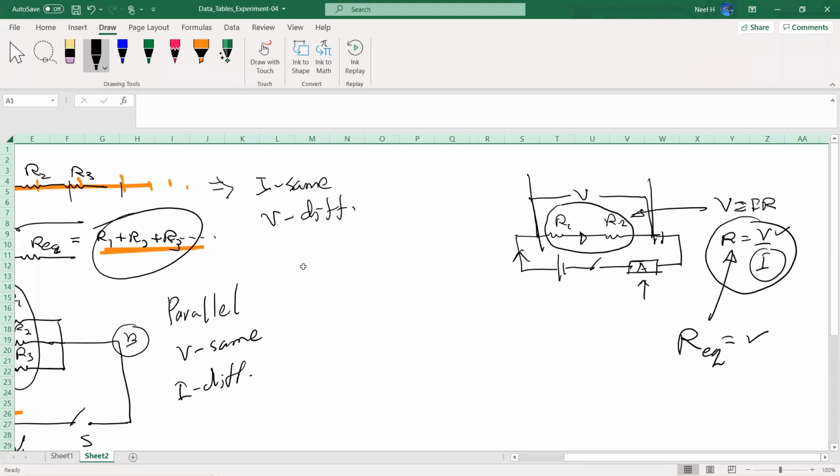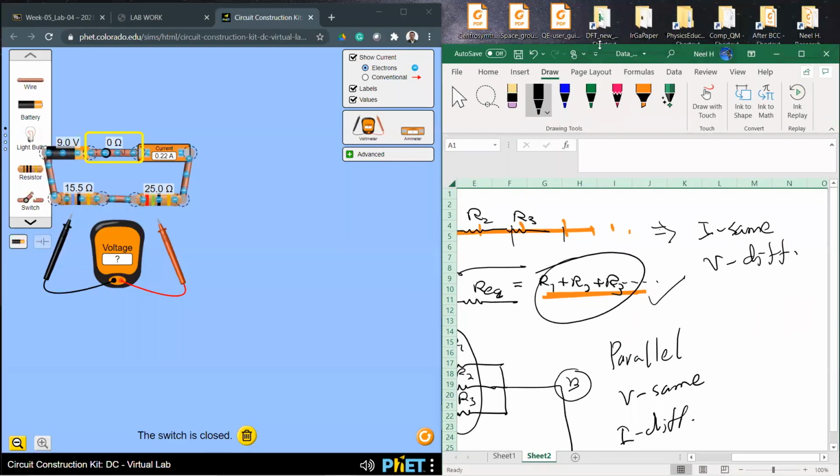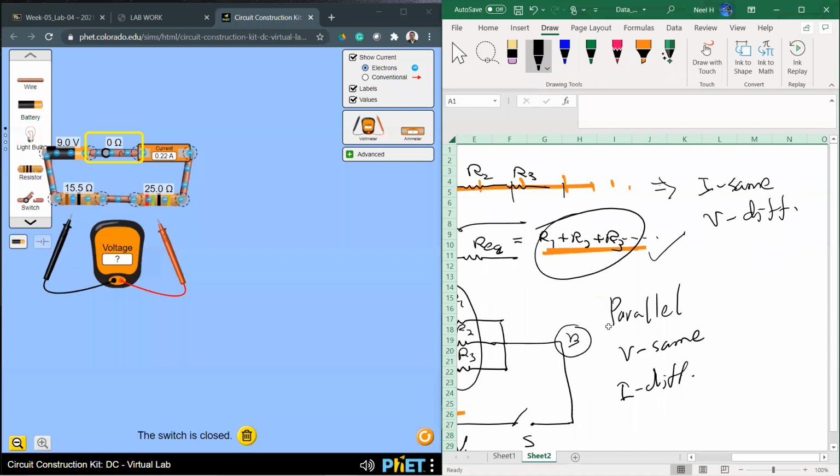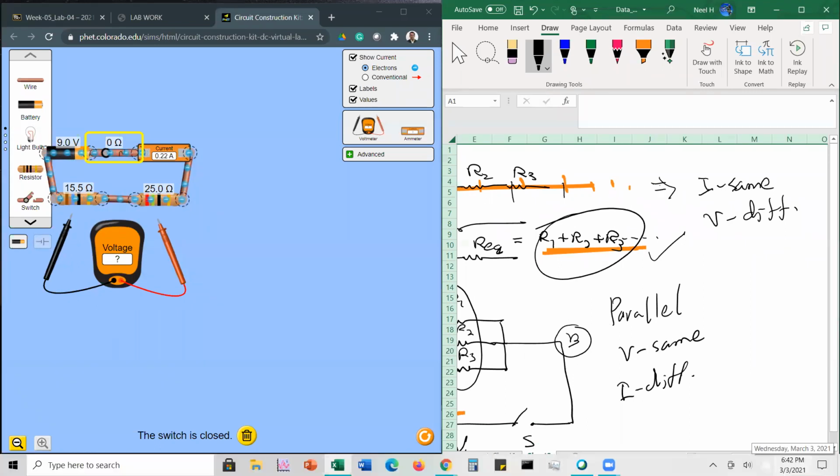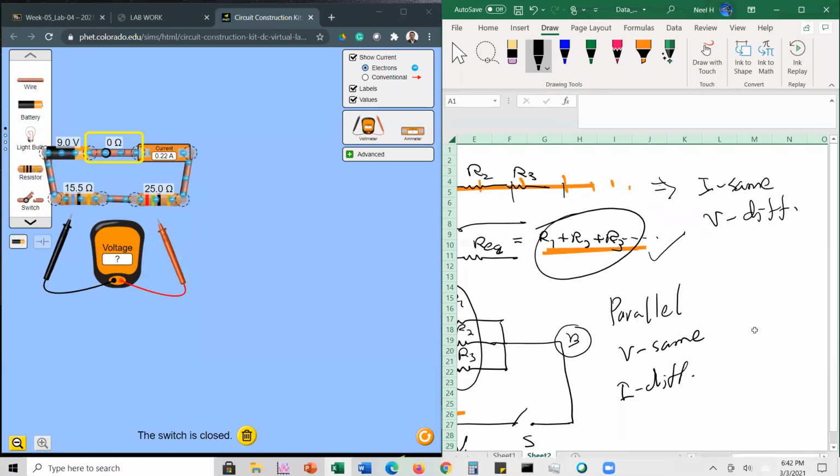In that way we can actually test two different concepts and principles. We can test the validity of Ohm's law itself, and also the equivalent resistance of the resistor circuit which is connected serially. That's the plan. Any questions? Any problems? No? Okay, then let's continue.